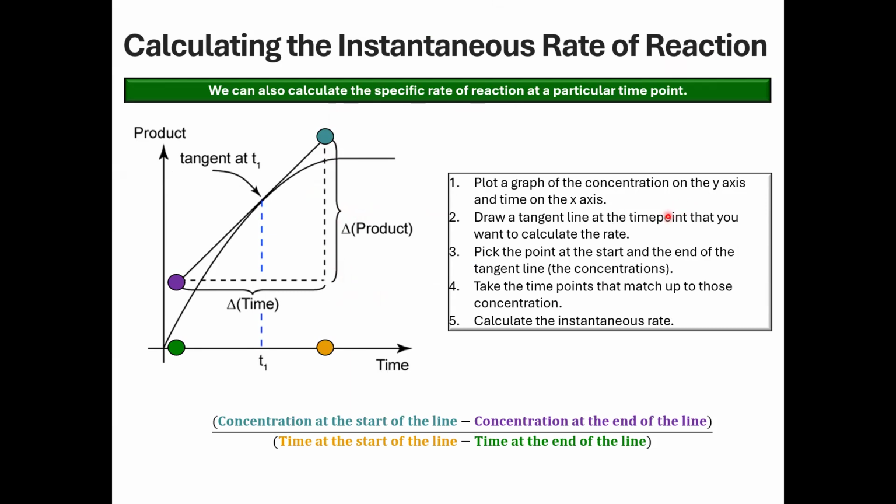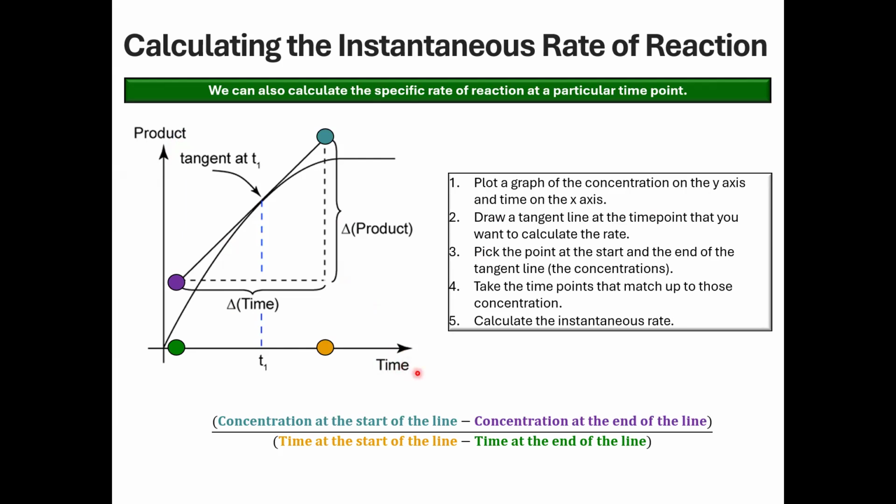The main points that you'd want to do here are that you'll be given a list of concentrations. So you'll be given data, and then you'll be given the corresponding time for that data. What you do is you plot the graph. In this case, your concentration is always on the y-axis, and your time, whatever that might be, is always on the x-axis.